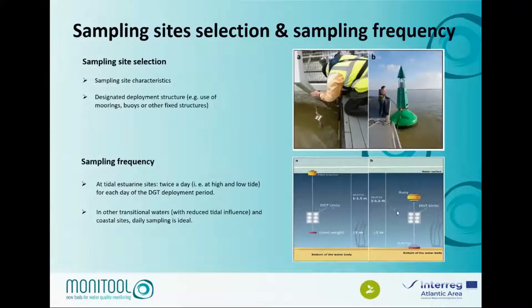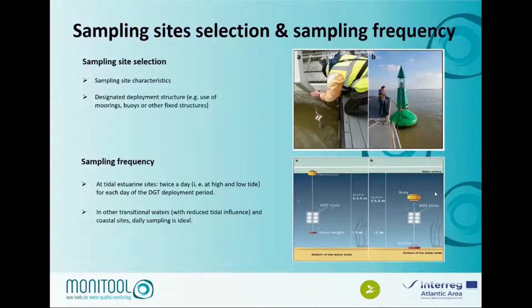So when it comes to the sampling site, the site features and characteristics must be considered in the selection. For example, we need to choose a suitable sampling depth or take into account the level of pollution for each site.